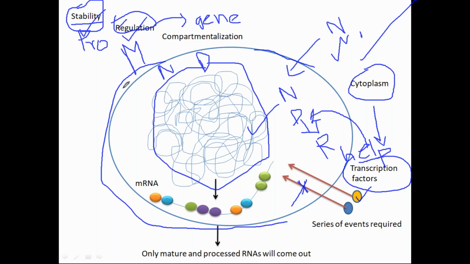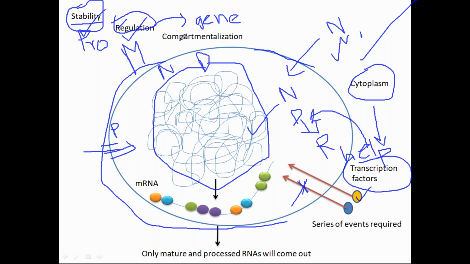This is only possible when you have a separate nuclear membrane, because nuclear membranes have pores, and these pores decide which have to go and which don't. Which transcription factors it will allow and which it will block. So this is called regulation.